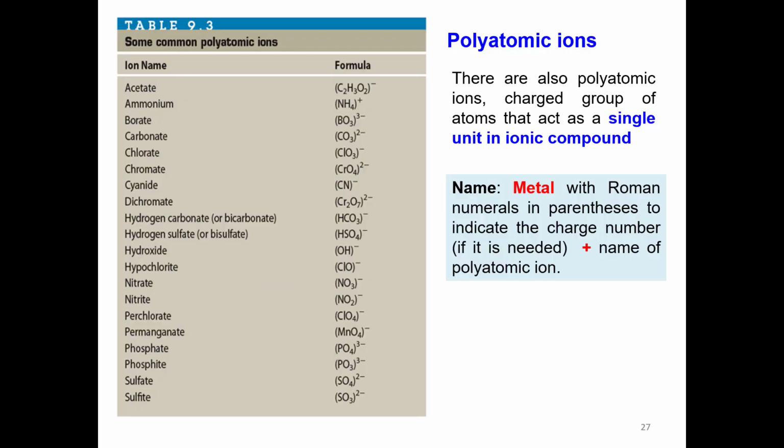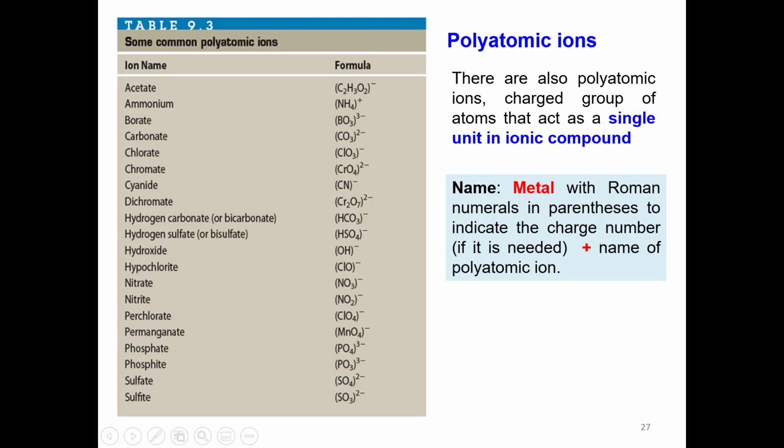Now in this case we have the polyatomic ions. Polyatomic ions are groups of atoms that act as a single unit in an ionic compound. Most of them are negative, so they will be like the non-metal part.